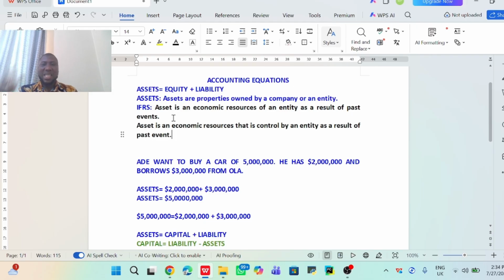The entity must be controlling the asset. The entity must be in charge of that asset before we can classify it as an asset.